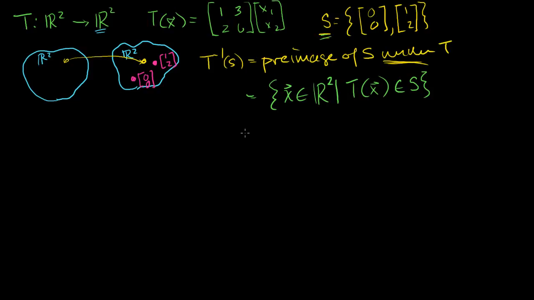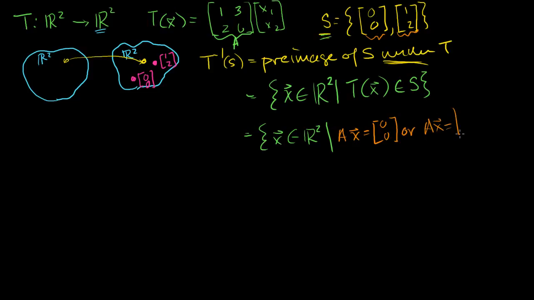Well, you could write this as we're trying to look for all of the x's in our domain such that, let's call this matrix A, such that A times x is a member of S. So that means A times x has to be equal to the 0 vector, or A times our vector x has to be equal to this vector 1, 2.